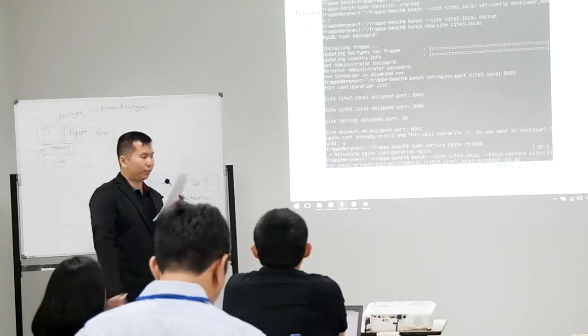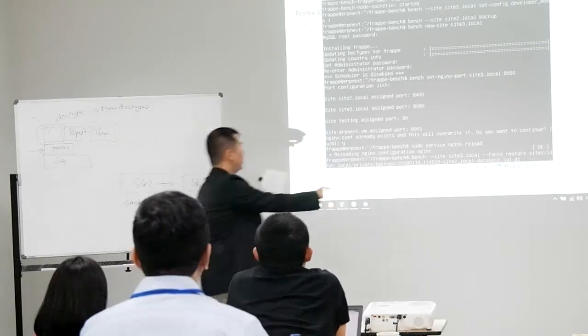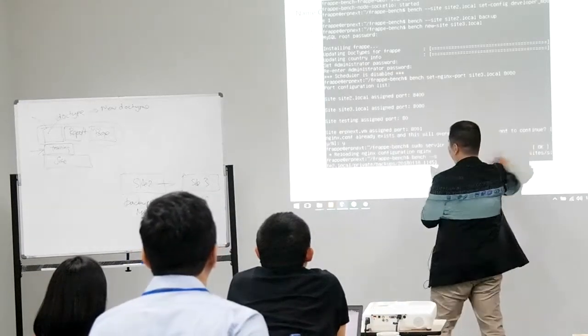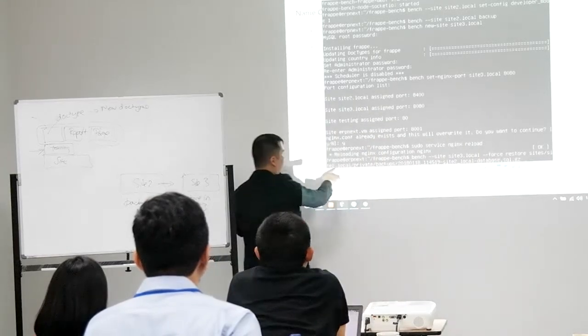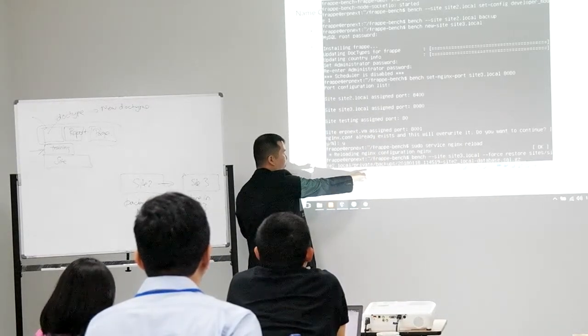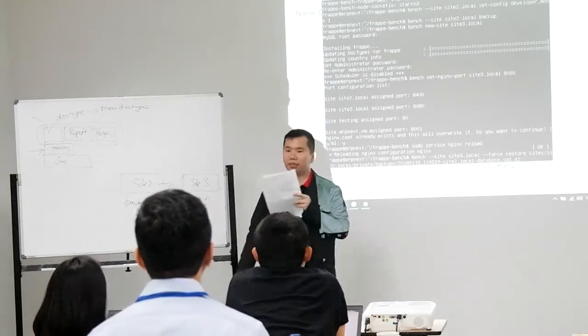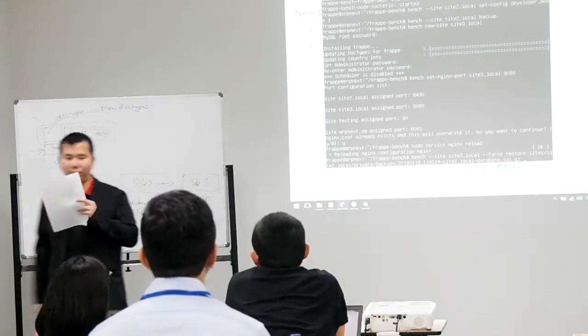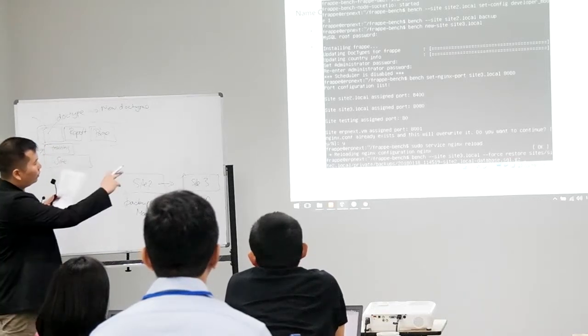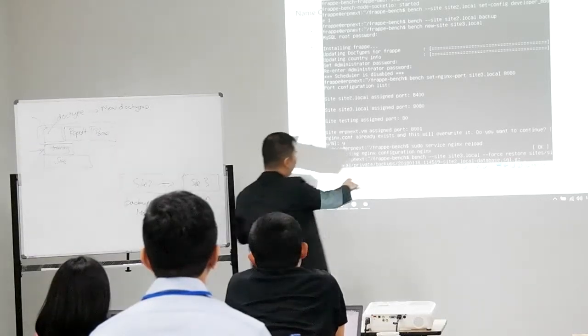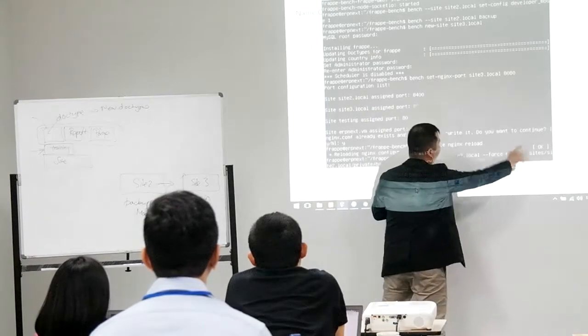Every time you do bench backup, it will be saved in the sites, then the site 2 local folder, and then it will have the private folder, the backup, and this will be our database SQL GZ, the backup one. So we are trying to restore this file into our site 3.